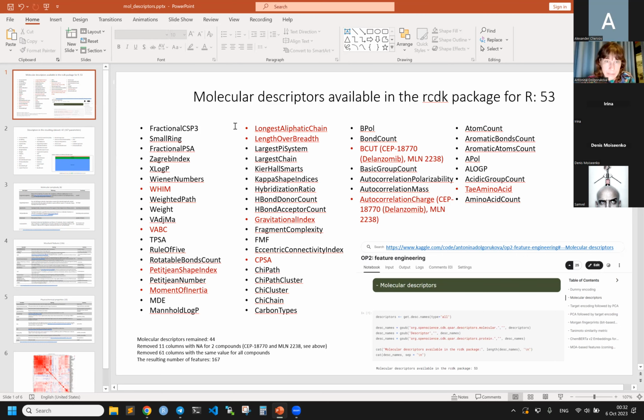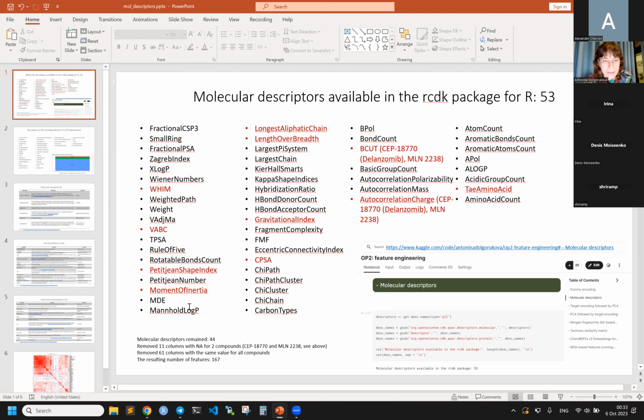And here I just extracted all the available descriptors from the package. There are 53 of them, a lot. And the big challenge is how to select relevant ones. It's not a trivial task, actually.